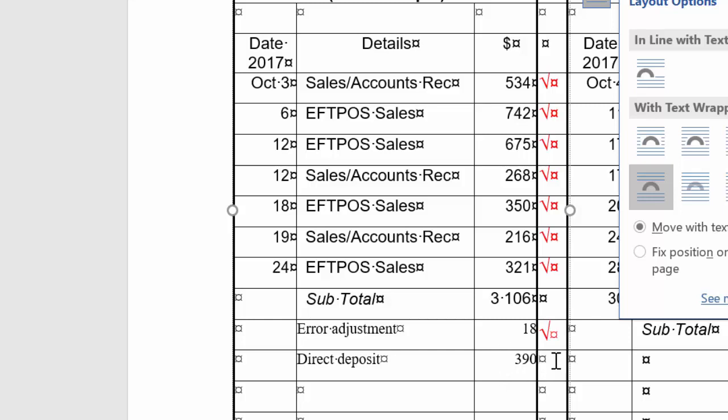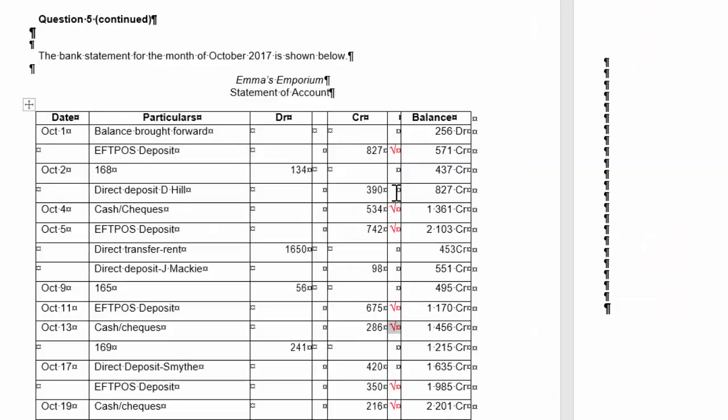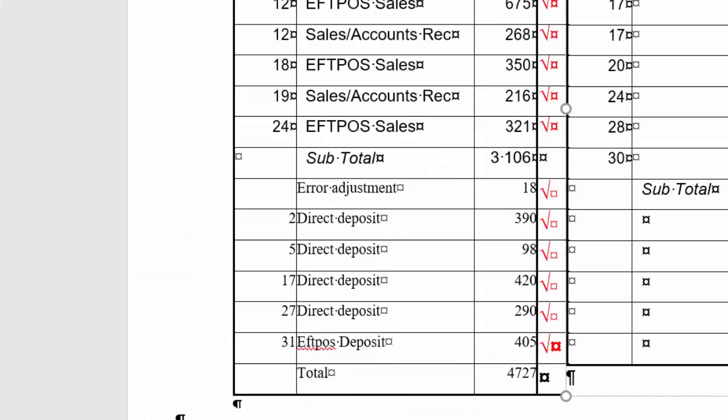Usually what I do, having put that in, is tick that off now. It's just a process I use to make sure all of these items are accounted for. I've got to continue for the other ones as well, so I'm going to put those in. I'm going to pause for now, and then come back to you in a second.